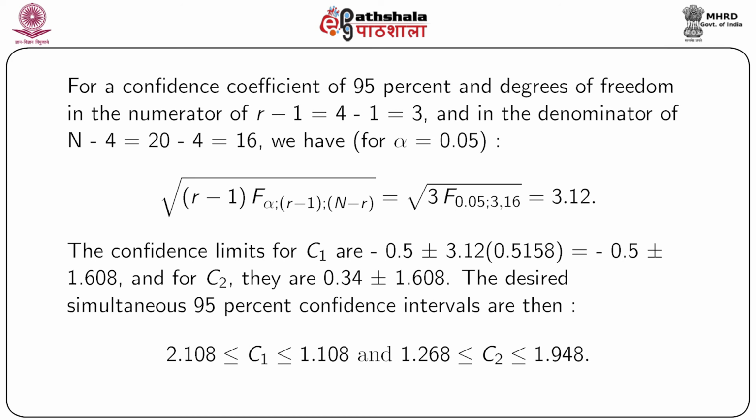So the confidence limits for C1 are negative 0.5 plus or minus 3.12 times 0.5158, and for C2 they are 0.34 plus or minus 1.608. So the desired simultaneous confidence interval with 95% confidence is then given by 2.108 less than or equal to C1 less than or equal to 1.108, and C2 lies in between 1.268 and 1.948.